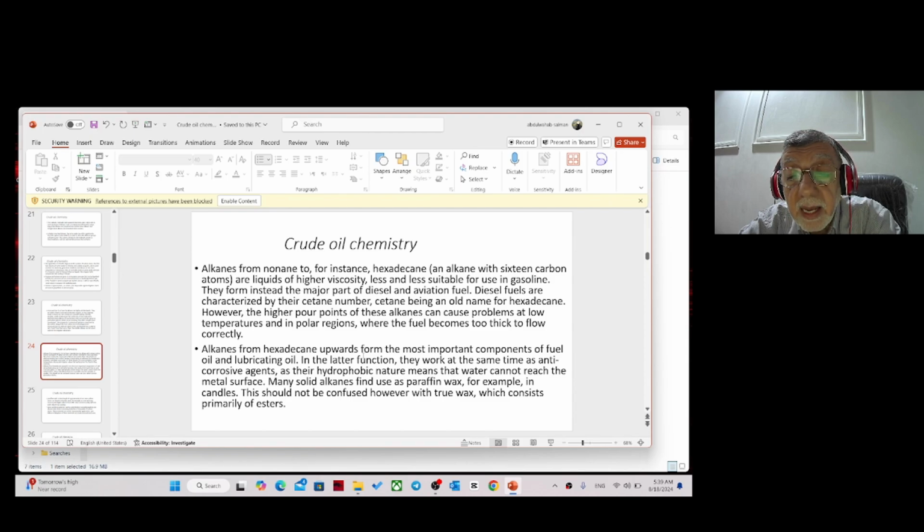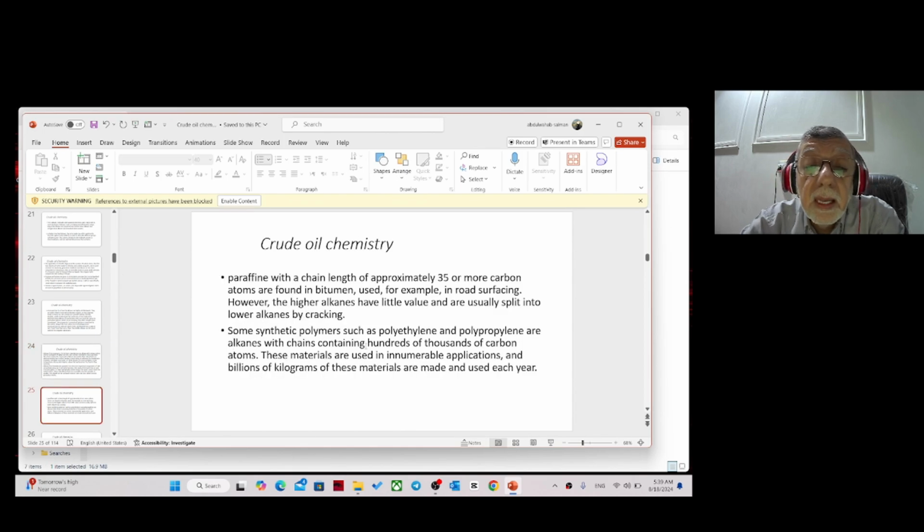Many solid alkanes find use as paraffin wax, for example in candles. This should not be confused, however, with true wax, which consists primarily of esters. Paraffin with chain length of approximately 35 carbon atoms and more is found in bitumen, used for example in road surfaces, in roofing, or in other uses.